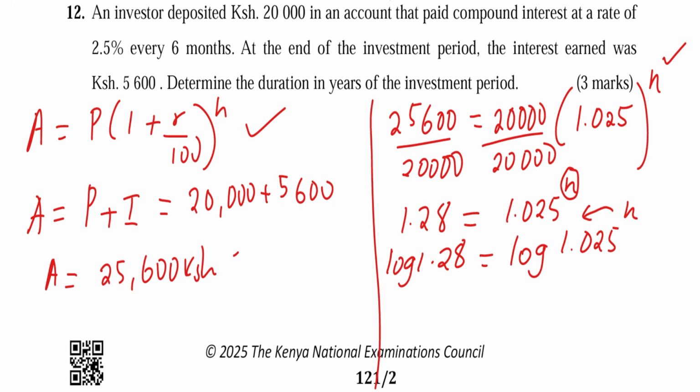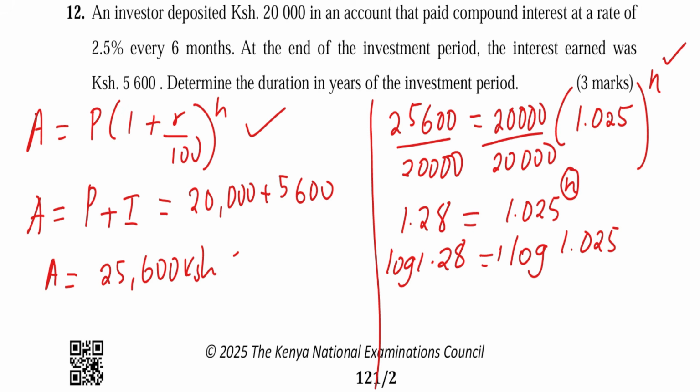So that n automatically goes behind the log. For you to get n, you divide by log 1.025, and therefore our n is equal to log 1.28 divided by log 1.025, and it should give you 9.997.